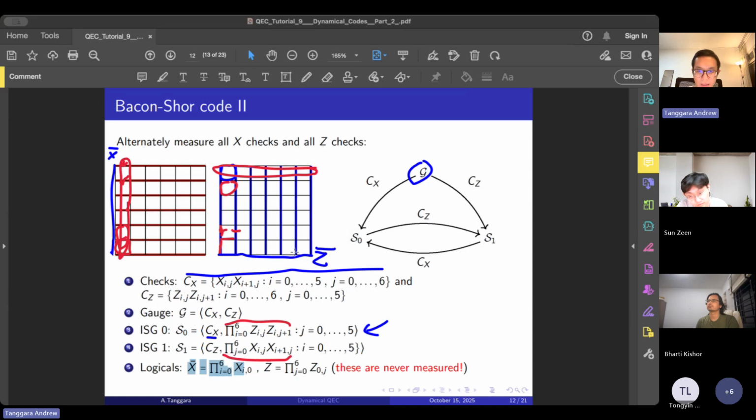I'm measuring all the Z's vertically and all the X checks horizontally. So these two string operators are never measured. Therefore they're in the normalizer. You can see they commute with all the checks, but they're not stabilizers because we never measure them.